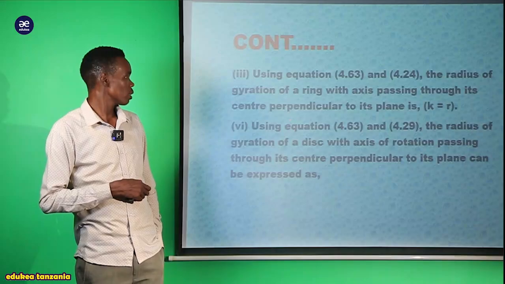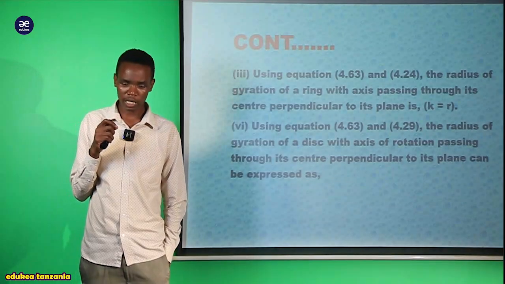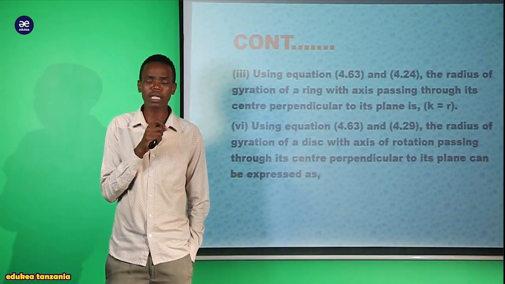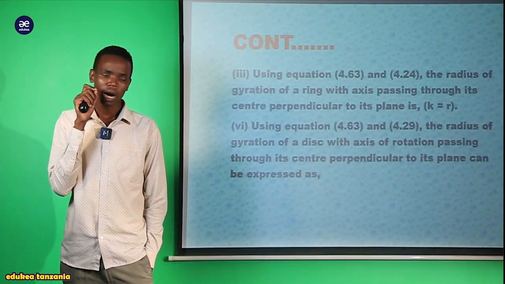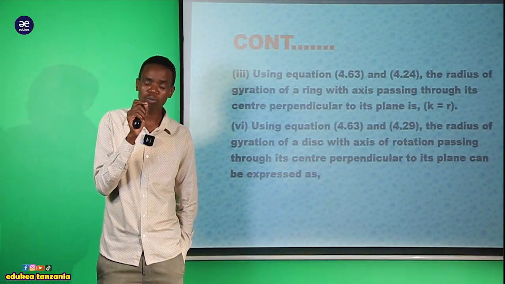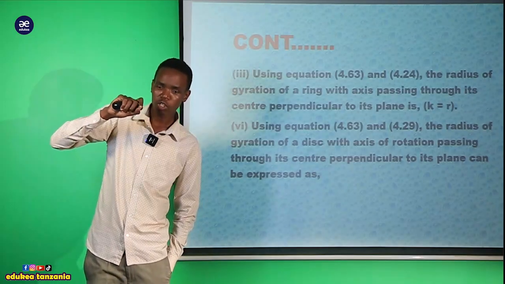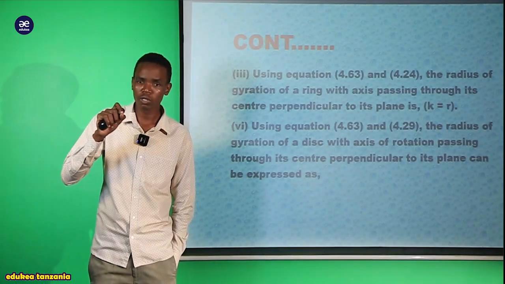So how can we get the moment of inertia? We know that for the uniform ring, the moment of inertia is equal to mk square, and also the moment of inertia for that ring must be equal to mr square.